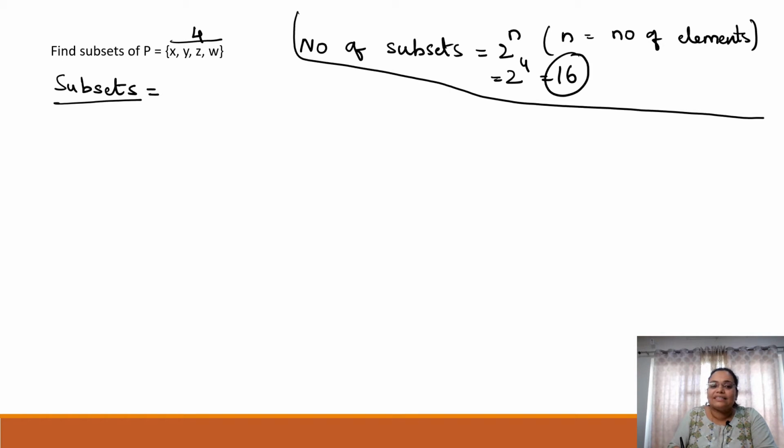For writing the subsets, the first property is null set, so I am taking a null set. Then I am taking individual elements x, y, z, w.